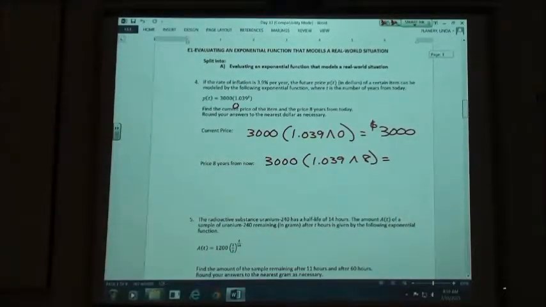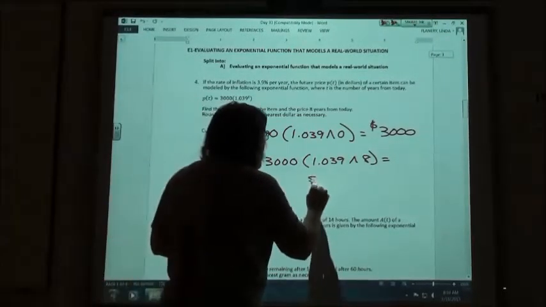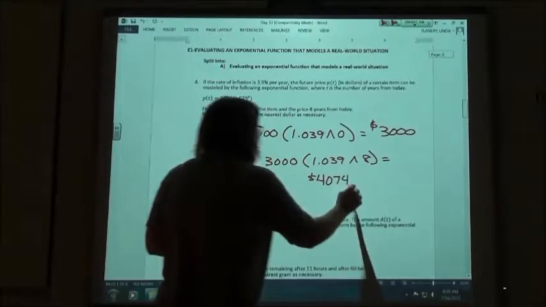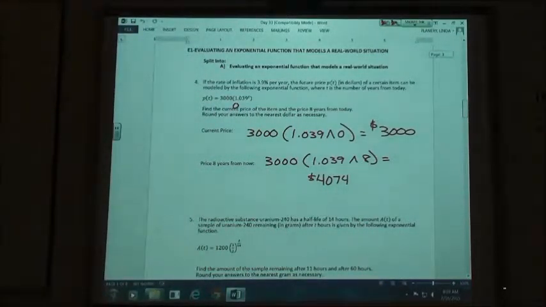And what are we getting? $4,074. That's what I'm getting. So 8 years from now, my $3,000 will be worth $4,074.